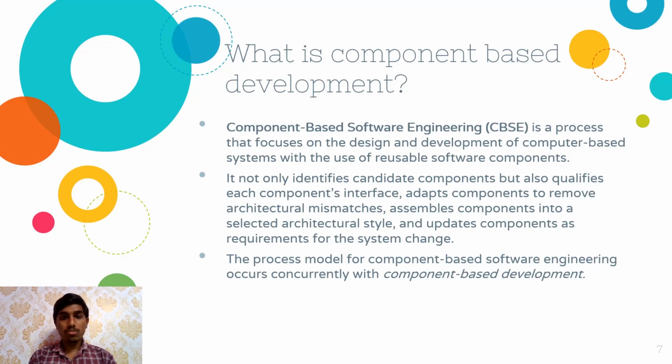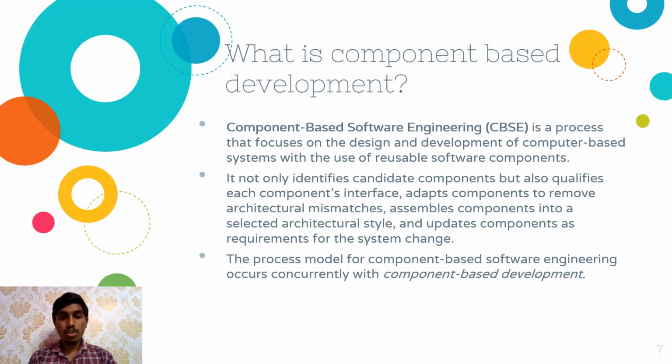Component-based development software engineering is a process that focuses on the design and development of computer-based systems with the use of reusable software components. It not only identifies candidate components but also qualifies each component's interface, adapts components to remove architectural mismatches, assembles components into a selected architectural style, and updates components as requirements for the system change.